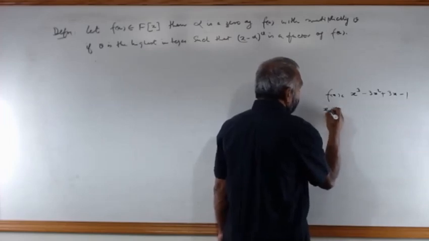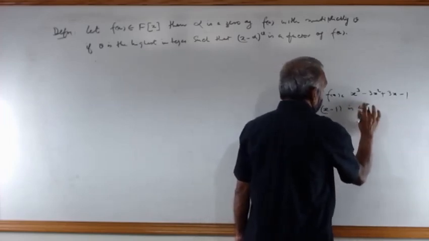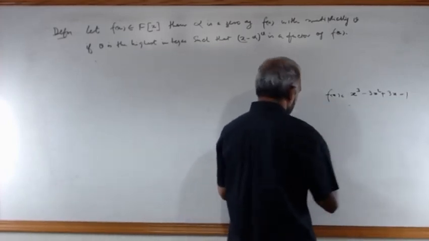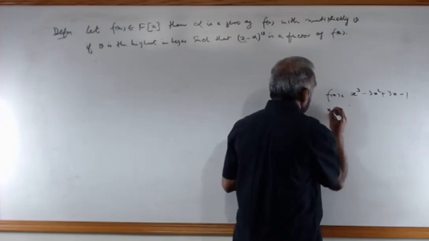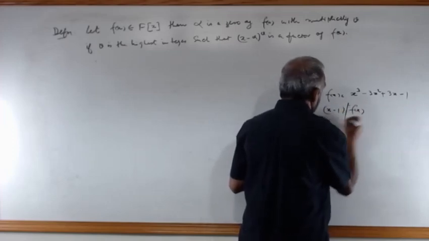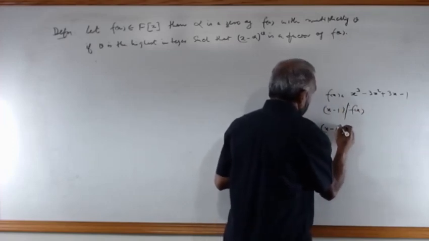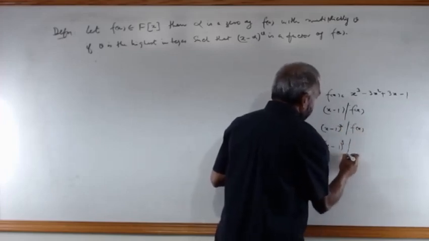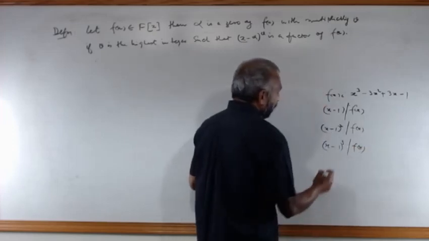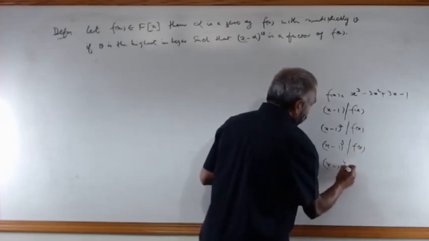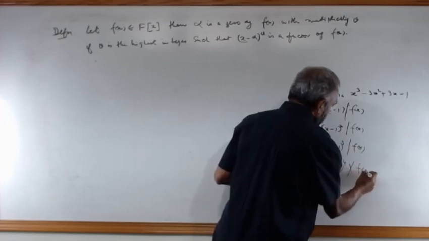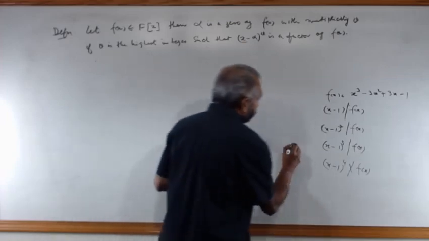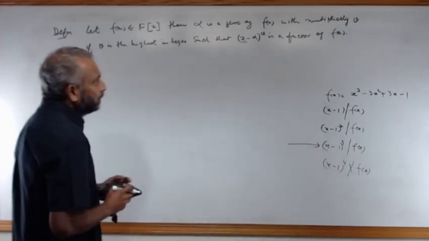Here x minus 1 is a factor of f(x). (x minus 1) whole square also divides f(x). (x minus 1) whole cube also divides f(x). And (x minus 1) to the 4 does not divide f(x). So the multiplicity is 3.